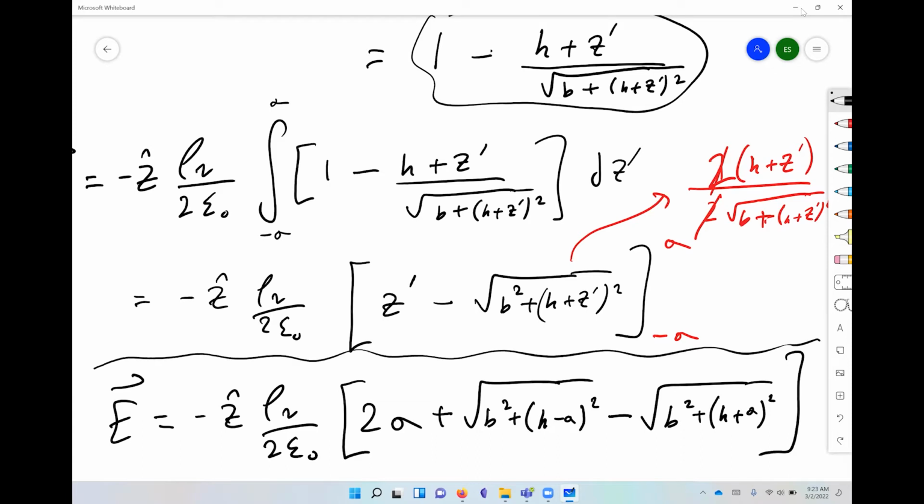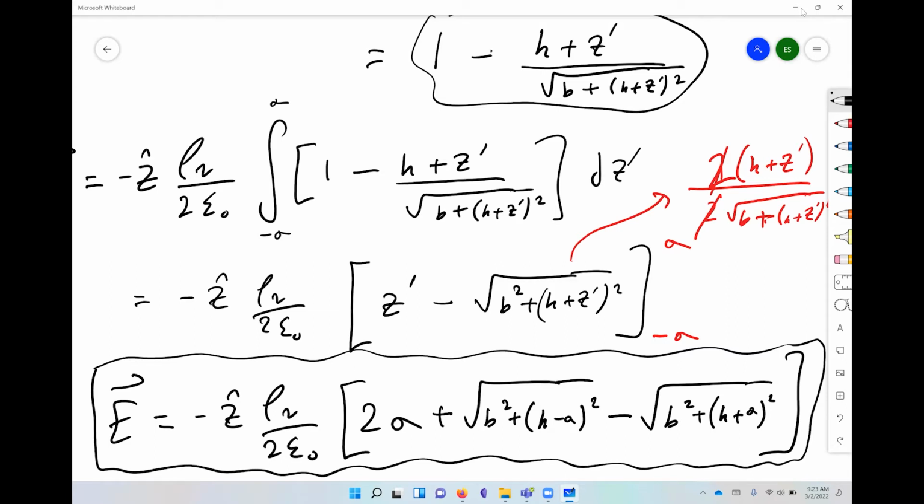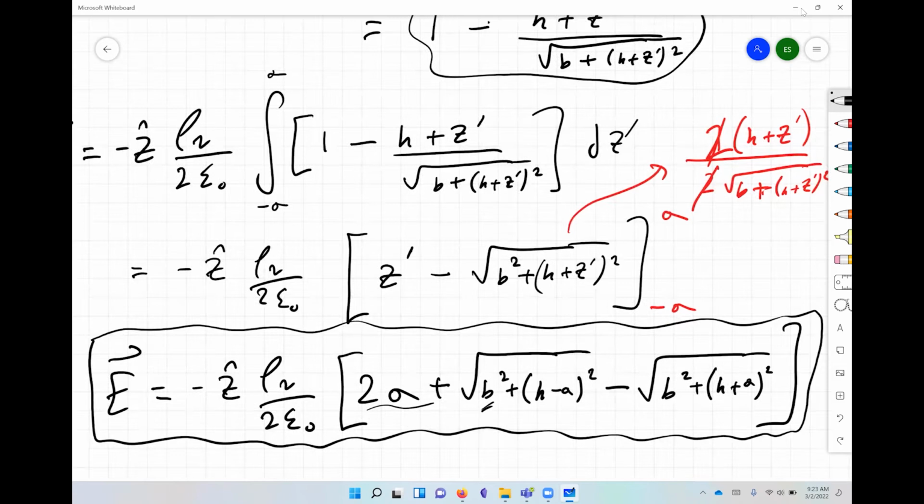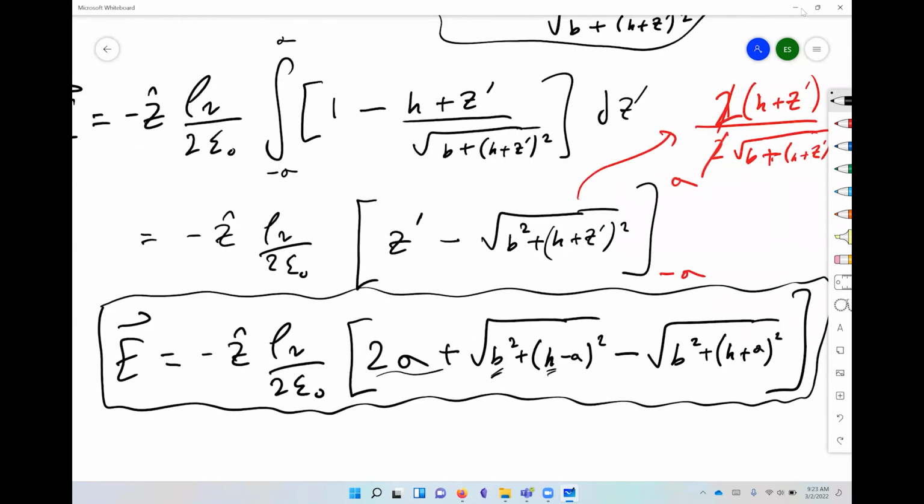So this is the electric field, just an approximation of the electric field just underneath a cloud. Assume a cloud that is a cylinder with radius B and height 2A, a distance h below the center of the cloud.